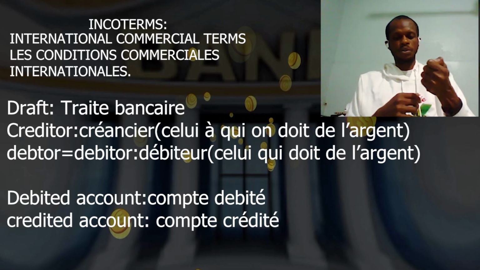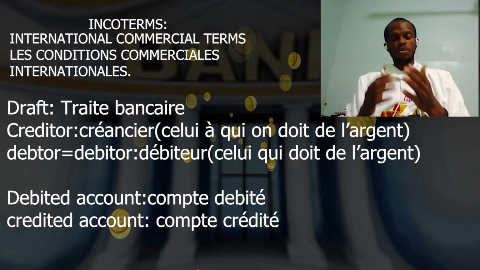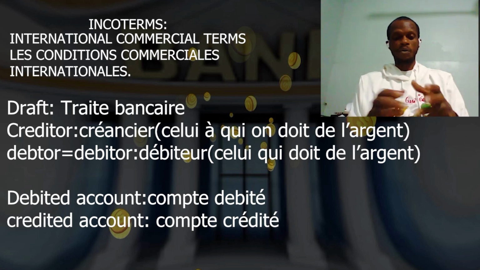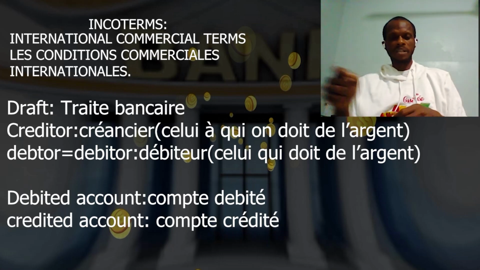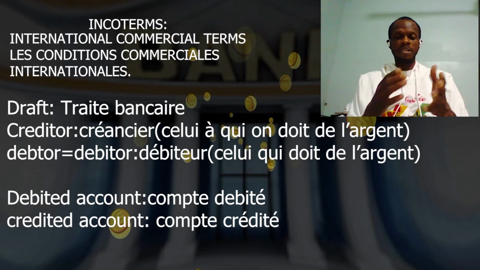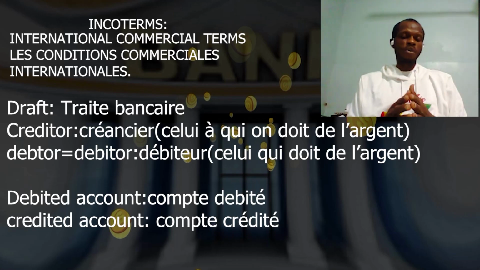Maybe he has sold the goods on credit or he has rendered services to the client on credit. And they have specified everything as agreement, the date of settlement, the amount of money the client has to pay. So that is included in the agreement.